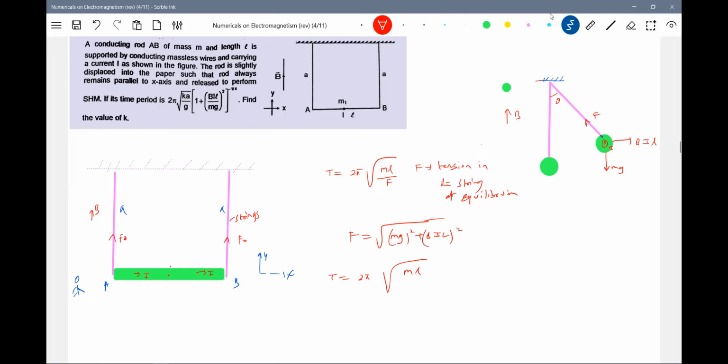Two pi root ml by... sorry, this formula, tension in the string at equilibrium by ml. Units will not match, no?